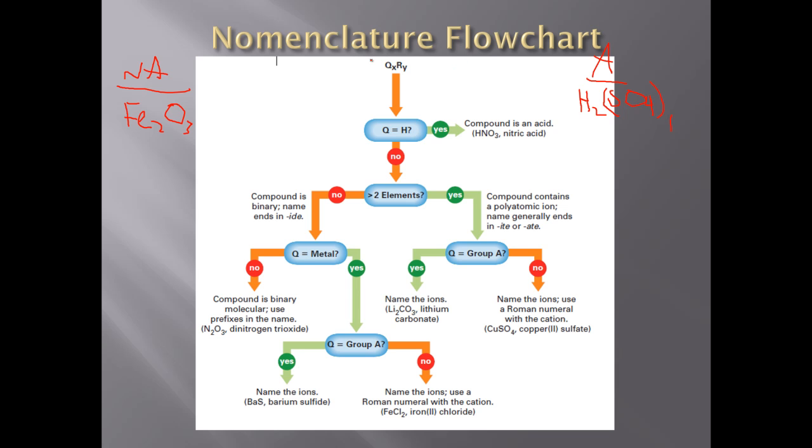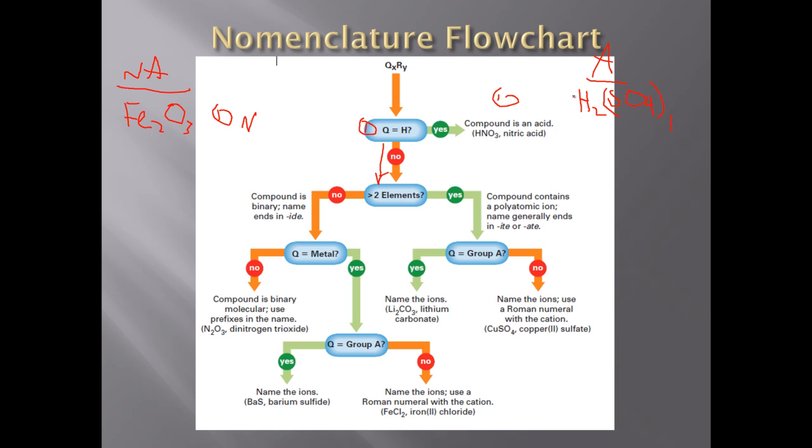So we go down here and it asks, is Q an H? For question 1 over here, and for question 1 over here. Is Q an H over here? No. So for example 1, we go this way.